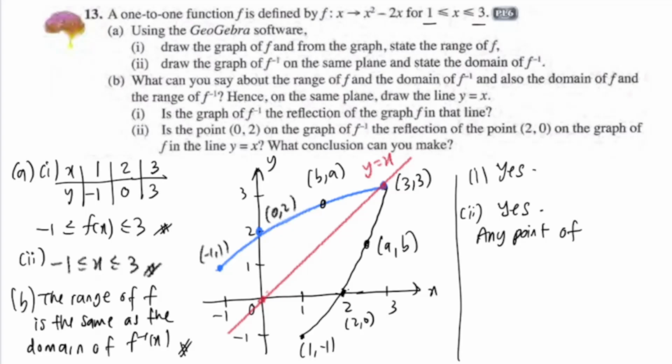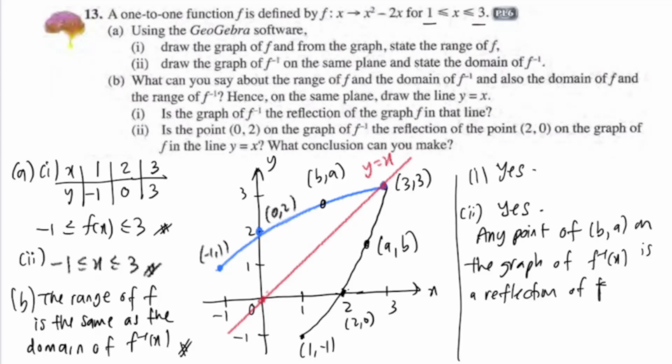You can use any other symbol, so any point (b, a), any coordinates on the graph of f inverse, is a reflection of the point, or should I say of point (a, b).